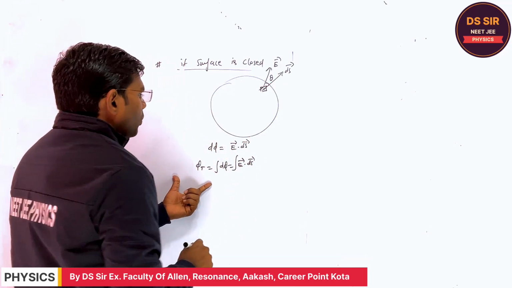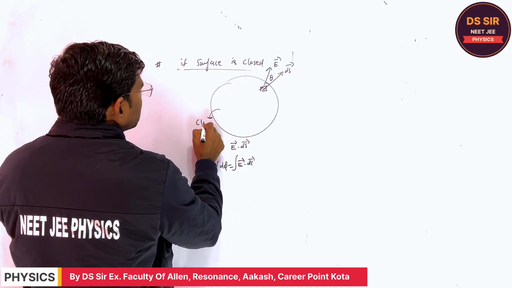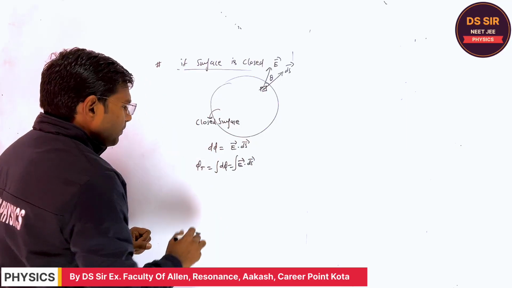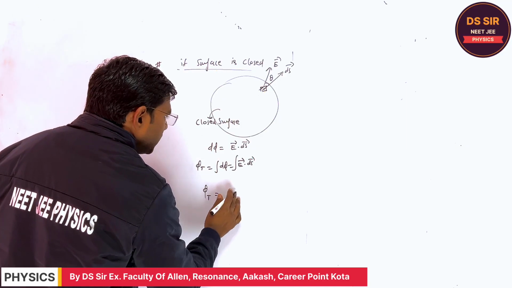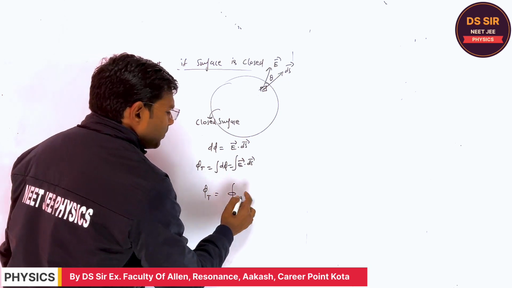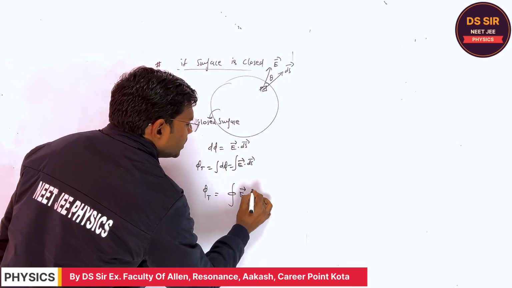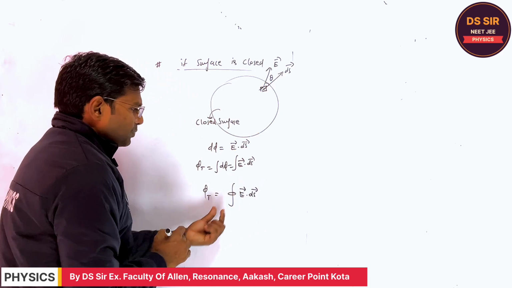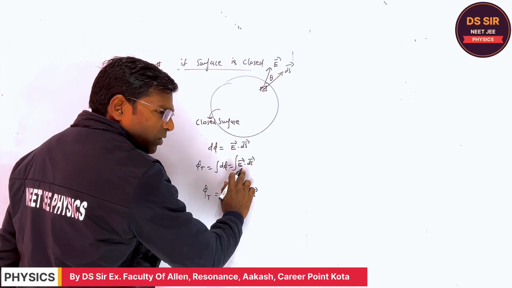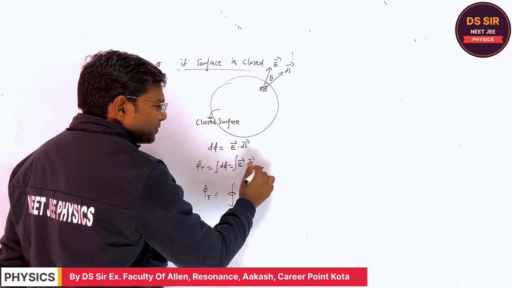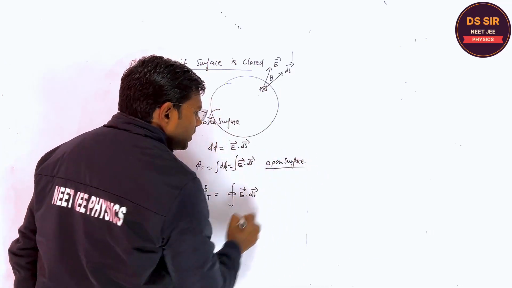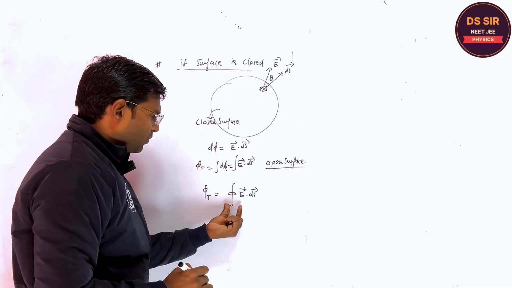Now listen, if this surface is closed, everything is the same, only the integral is taken over this closed surface, this closed contour or circle, placed on the integral sign. What is the difference? This is the integration of the electric field with respect to the surface. For an open surface it is not a big thing, but the symbol is very important.